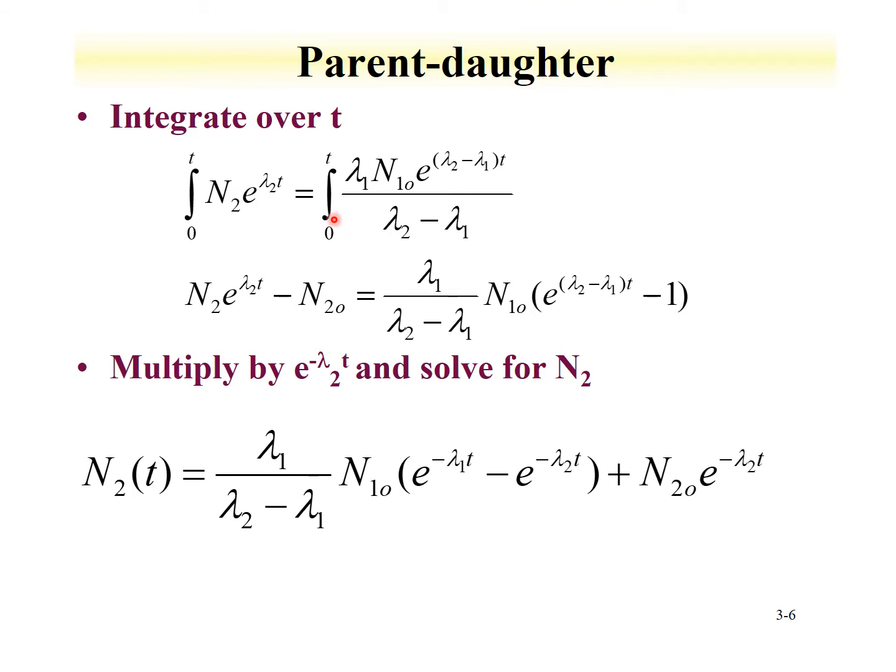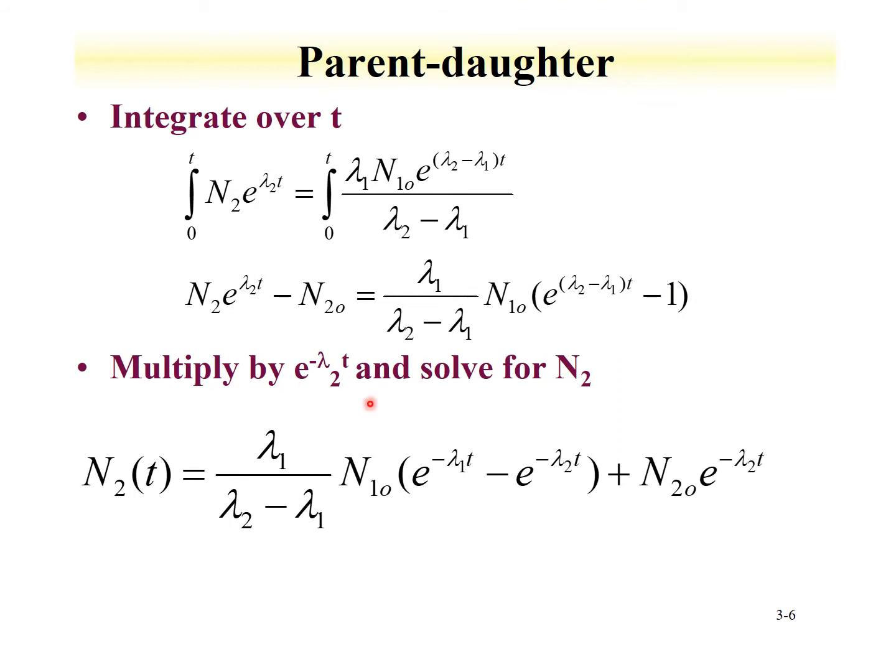From 0 to t, the equation becomes n2 e to the lambda 2 times t minus n1 initial is equal to a ratio of the decay constant for 1 divided by the difference between the decay constants for 2 minus 1, times this term n1 e to the (lambda 2 minus lambda 1) times t minus 1.